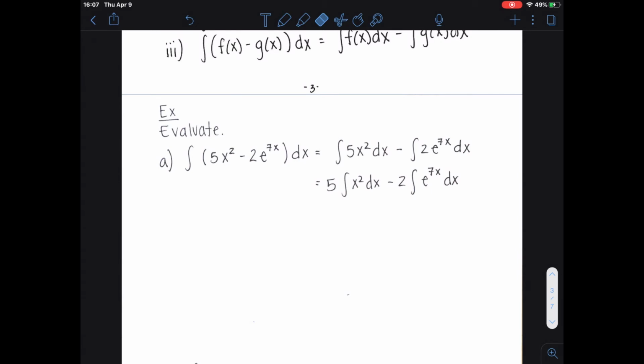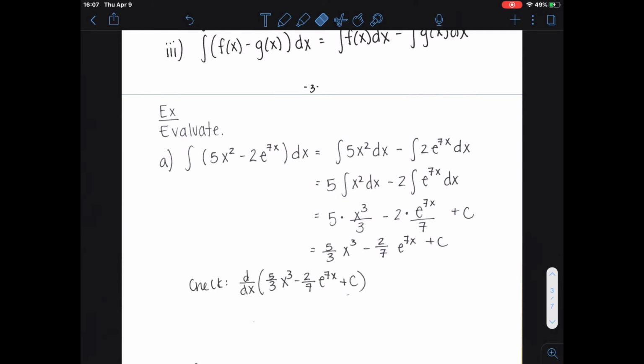The antiderivative of x squared would be x cubed over 3. You multiply by the 5. Antiderivative of e to the 7x is still itself, but you have to divide by the 7. So this is going to be our most general antiderivative, 5 over 3, x to the third minus 2 over 7, e to the 7x plus c. And we can go ahead and check by differentiating.